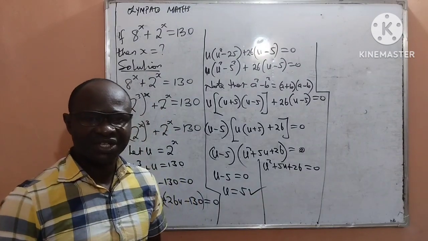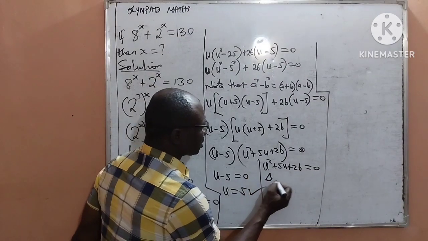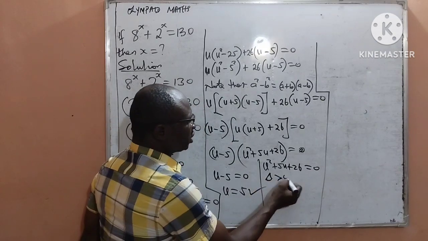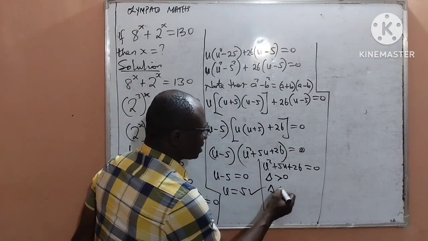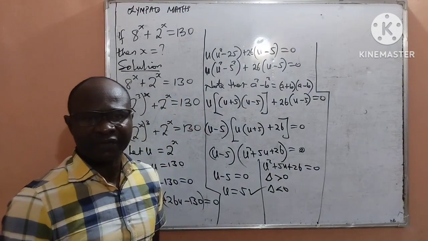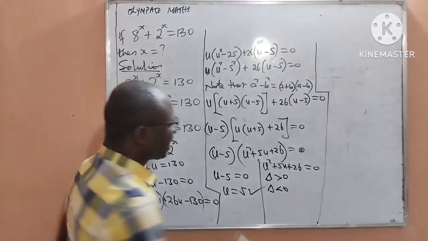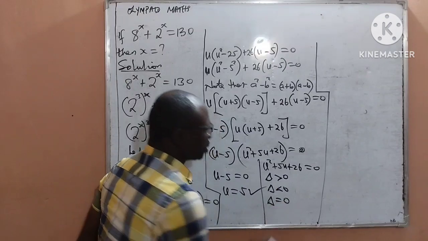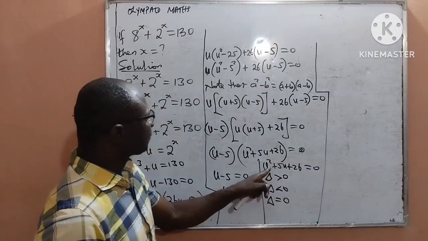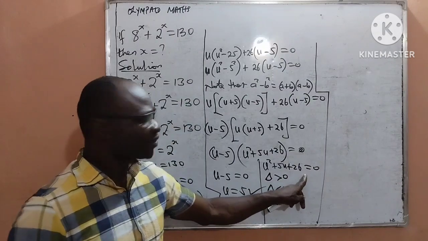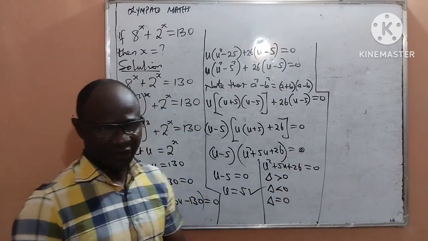If the discriminant is greater than 0, it will give us 2 real solutions. If the discriminant is less than 0, it is going to give us complex solutions. And if the discriminant is equal to 0, that is going to give us only 1 real solution. Therefore, we have to find out the type of solution this quadratic equation will give us.